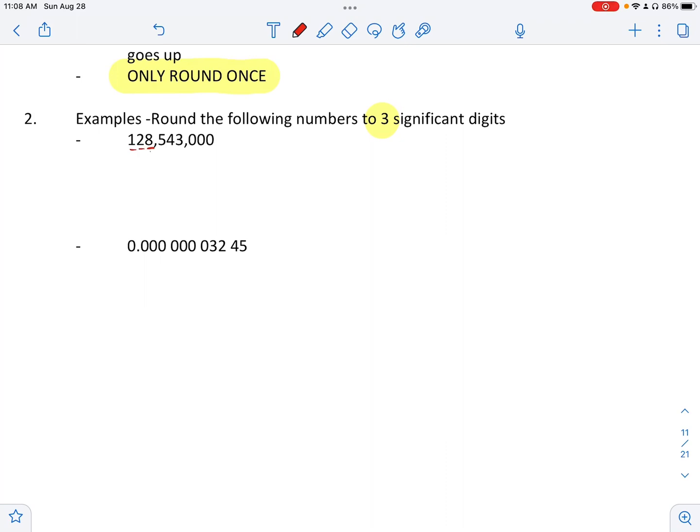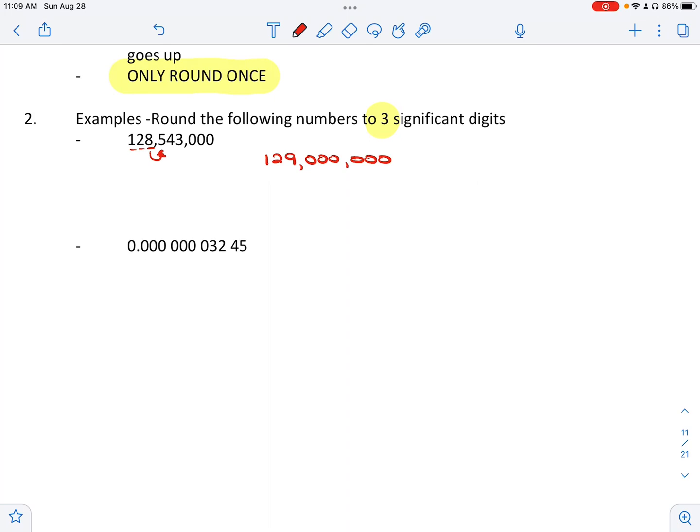Now we look to the one immediately behind it, to the right of it, and that number is a 5. So that 8 is going to go up. Nothing else is changing unless it's like a 9, and we have to keep rounding, but that shouldn't happen. So we have 129 million as our number rounded to 3 significant figures.